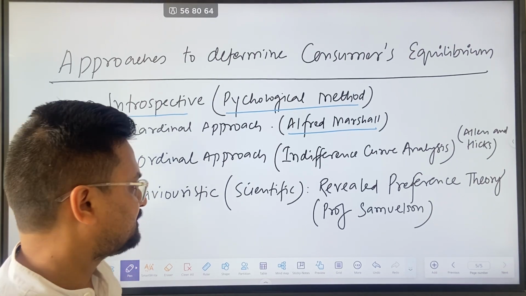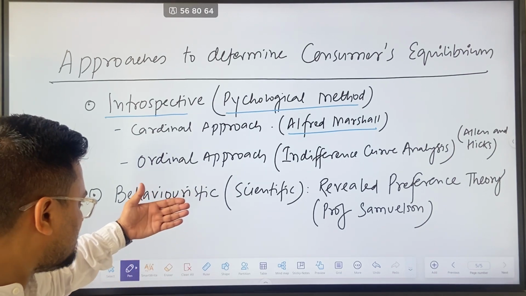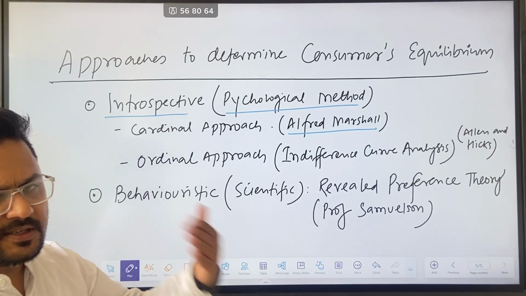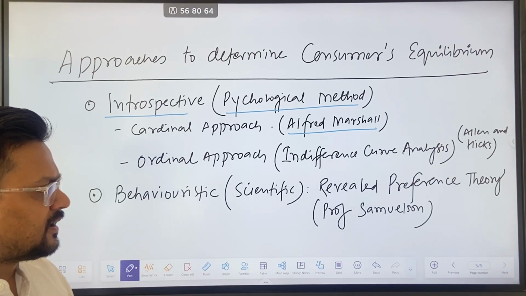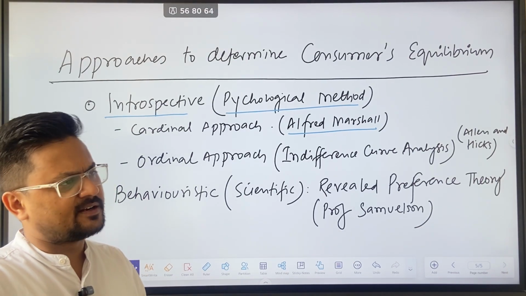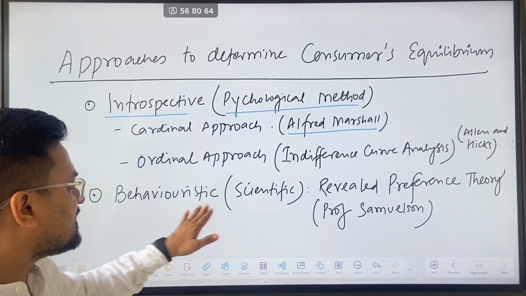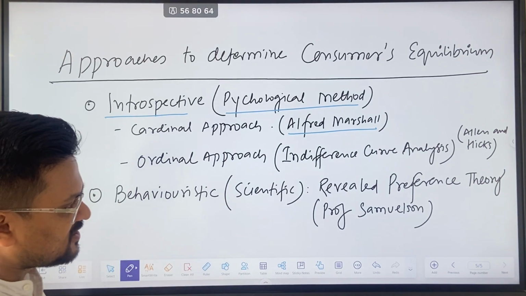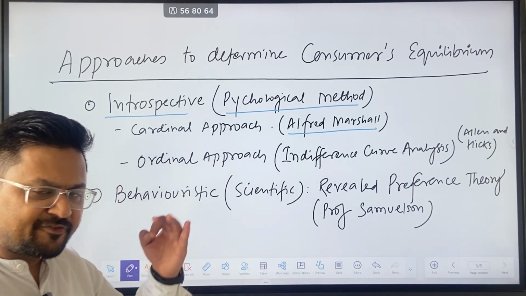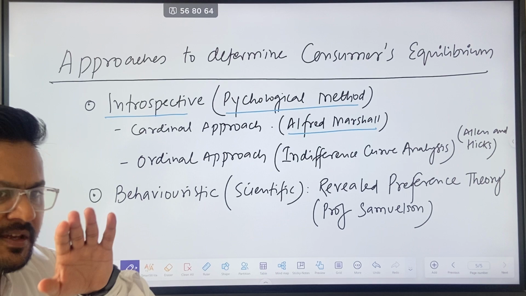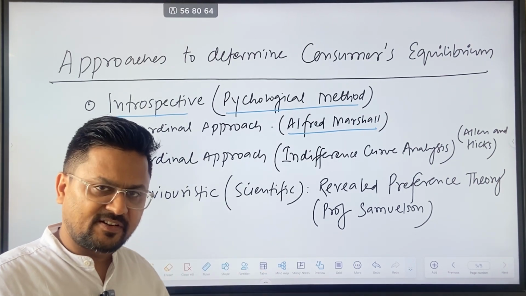Now, we also have one more approach, though this particular approach is studied at a higher level, after class 12, in your undergraduate programs and even further. So we have the behavioristic or scientific approach, which is also known as revealed preference theory. Again I'm mentioning, you may not have this topic at your higher secondary level.